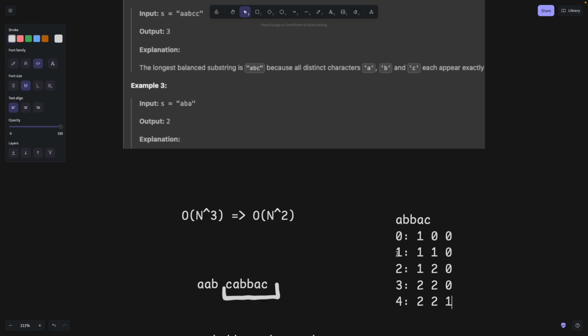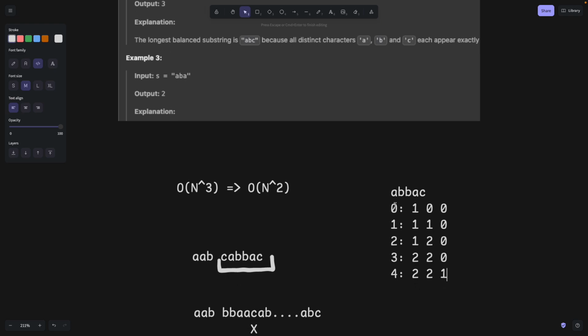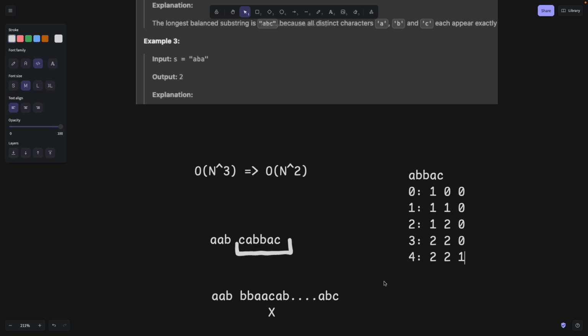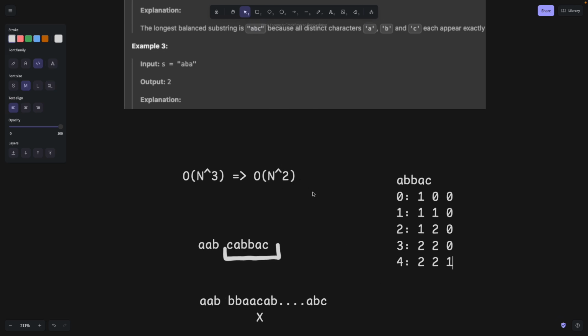For each of these indices, we try all the previous indices and compare whether the difference in count of each of A, B, and C is equal or not. That will give us an order of n square solution, and we keep maximizing the length.